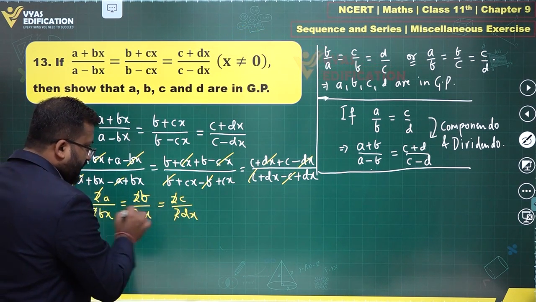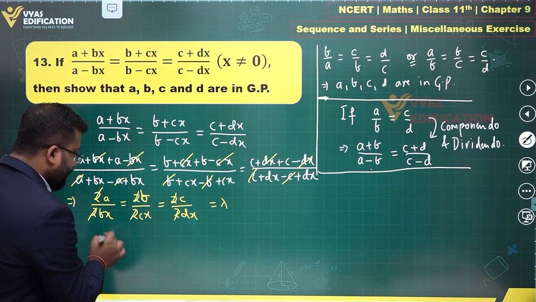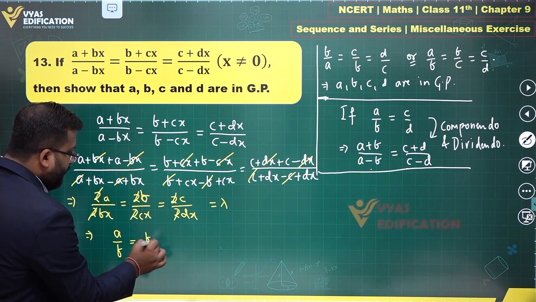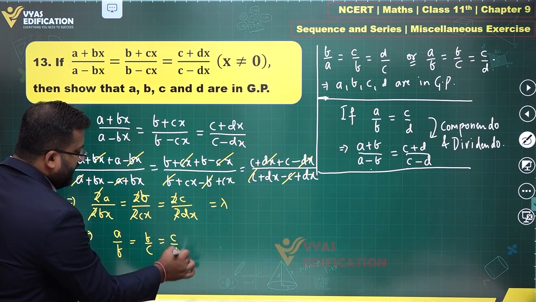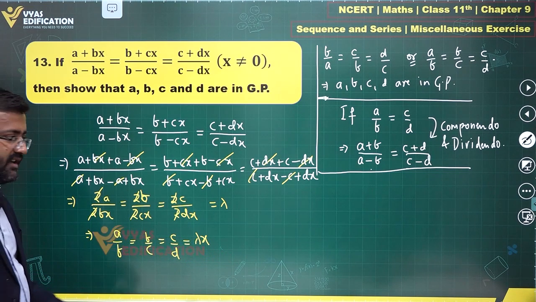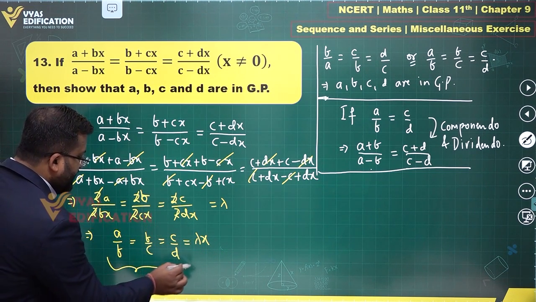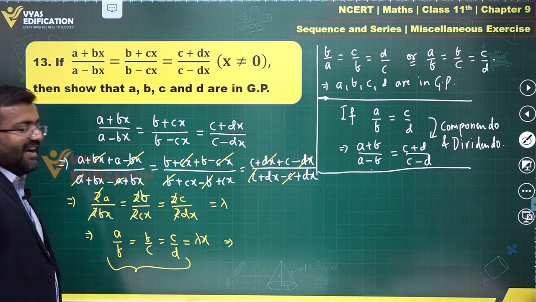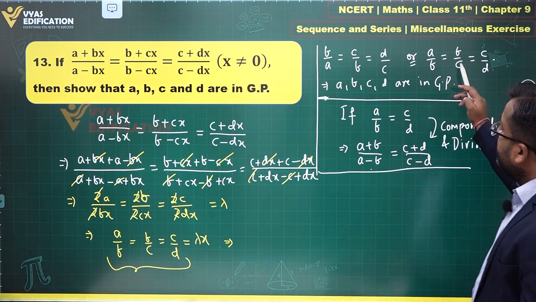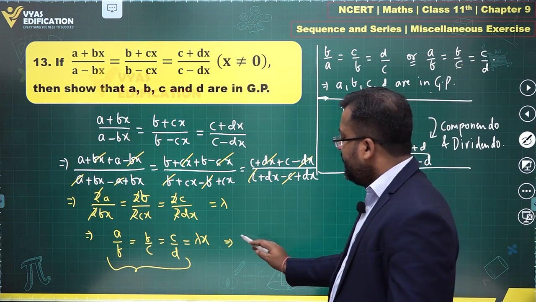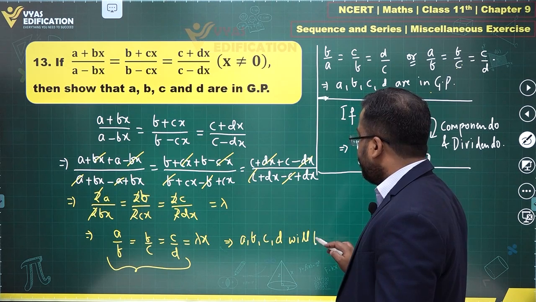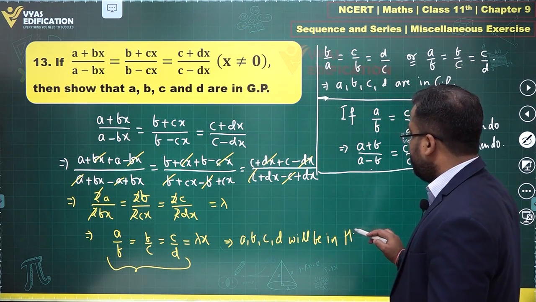If all of these ratios are equal to lambda, then can you say that a/b = b/c = c/d = lambda x? More importantly, if these three ratios are equal, then this implies that a, b, c, d will be in GP.